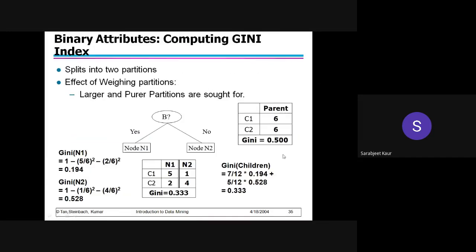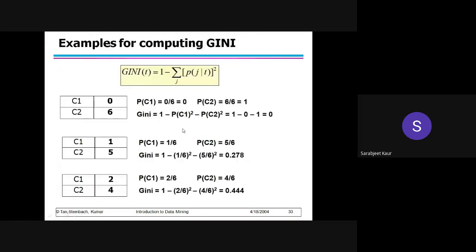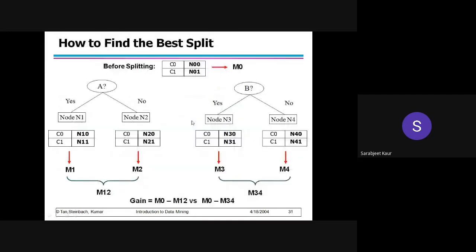In the parent node, the Gini will be maximum because the tuples are equally distributed. So how to compute this split, that is M34?